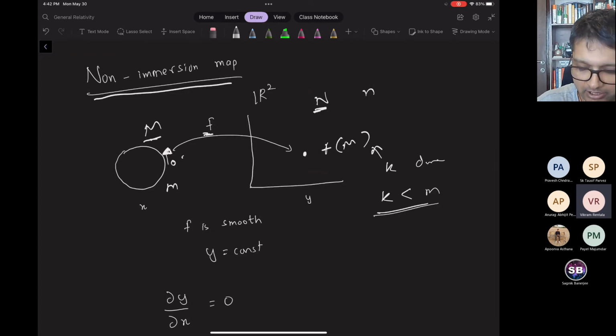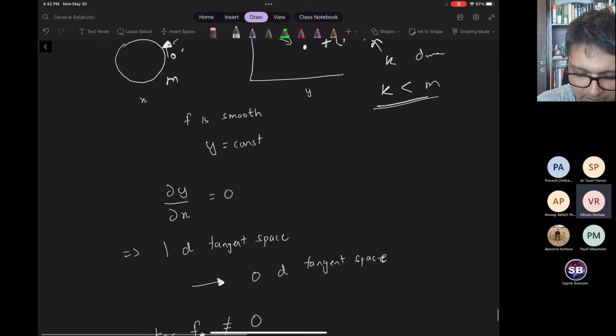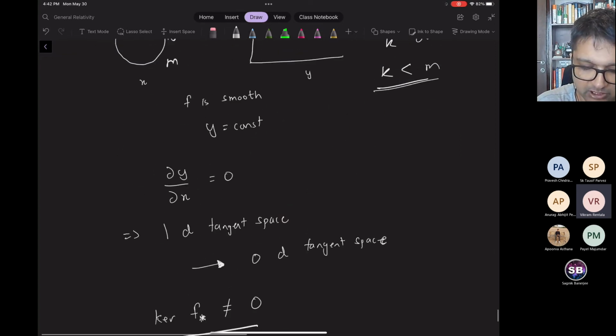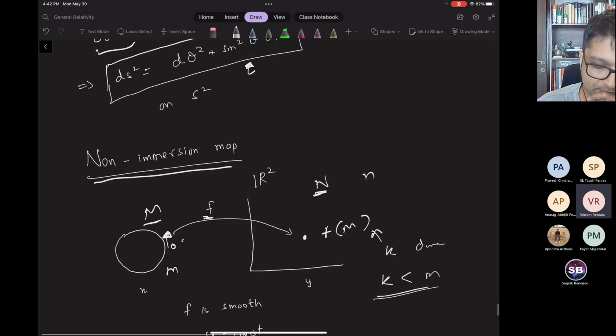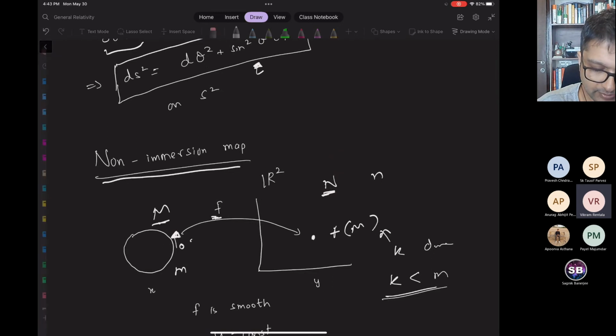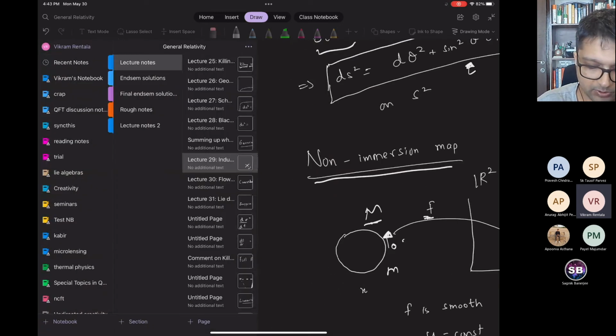Anyway, these are all cases that typically we're not going to be interested in in GR. We're only going to be interested in submanifolds, so immersion maps, which are also one-to-one. Any more questions?